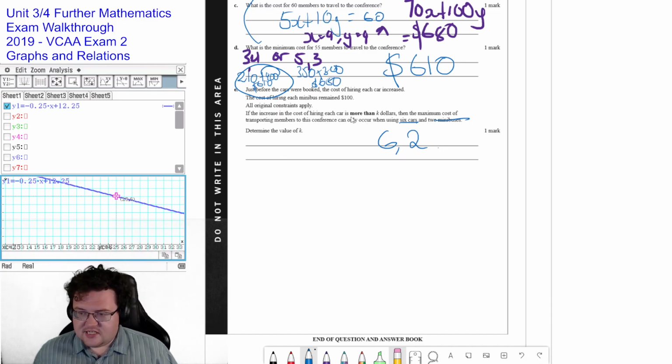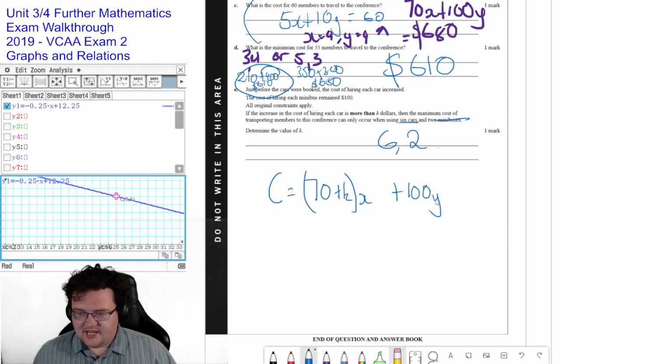If they have increased the cost of hire a car by more than K, then my cost equation is now C equals 70 plus K times X plus 100Y.